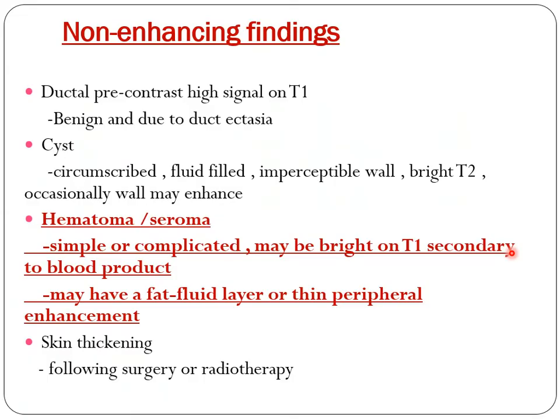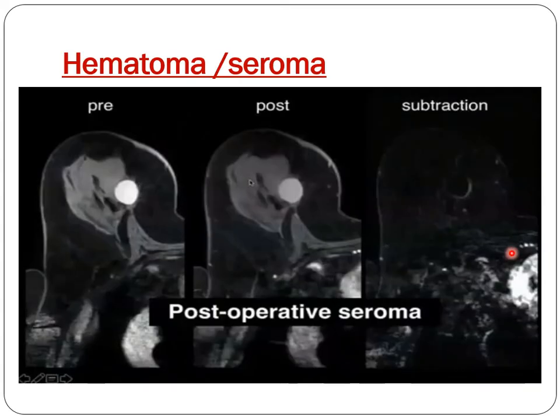And also the hematoma or seroma, simple or more complicated, may be bright on T1 secondary to blood products, or may have fat fluid levels, as I showed you in a picture, or thin peripheral enhancement. If you look at a subtracted image, there is no enhancement.